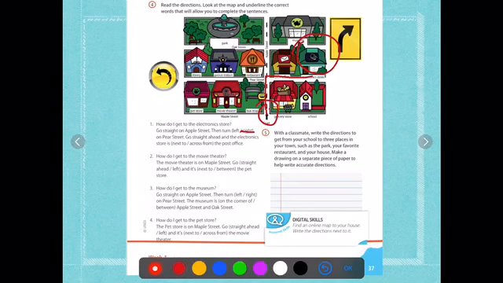On Pear Street, go straight ahead, and the electronics store is next to or across from the post office. It's next to the post office, okay? Sorry, it's this one. Next to the post office. So go straight, turn right, and the electronics store is next to the post office.